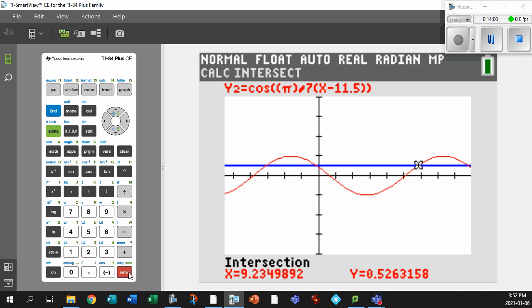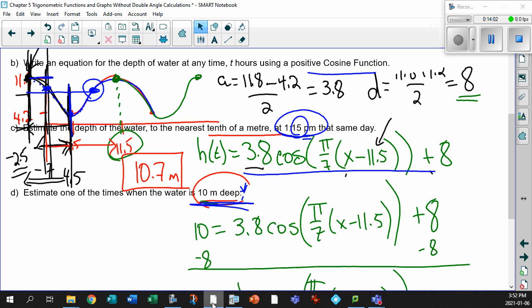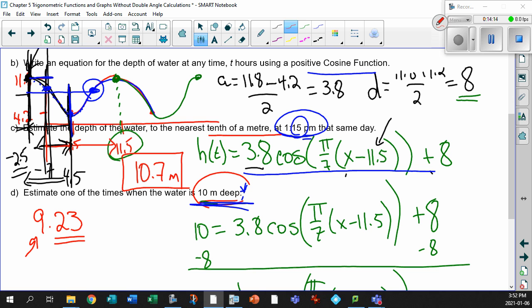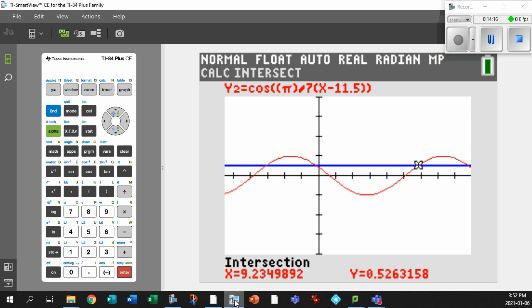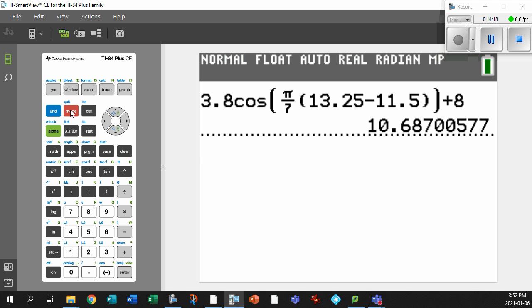9.23. Okay, so again, 9.23, which means what is that time? So it's at 9 o'clock, right? 9 o'clock, 0.23. Oh, man, we got to figure out the 0.23. Okay, second quit. Hit this guy here, which is your x.